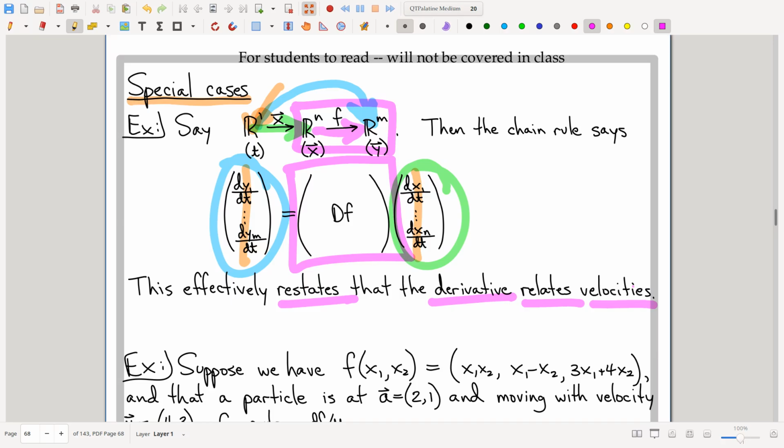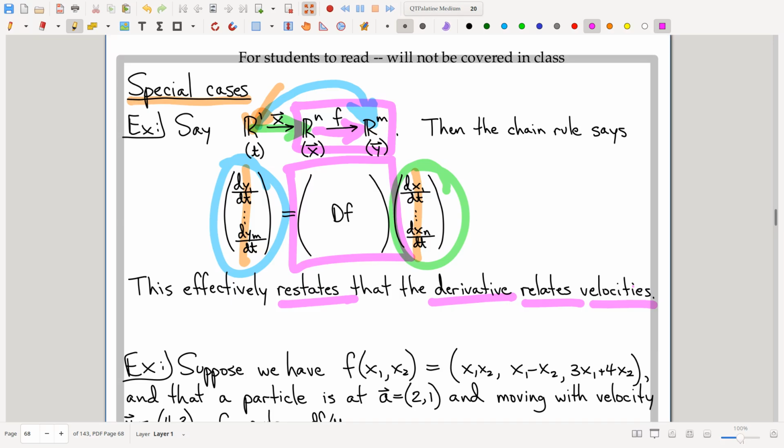Now, I emphasize this is not a new result. I'm not claiming to have proved anything here. In fact, if I claimed such, I would be making circular reasoning, because we assumed this interpretation of derivative matrices while proving the chain rule. You can't then use the chain rule to prove that point of view about matrices, right? I'm just making the observation that there is a point of view on the chain rule that is effectively a restatement of what we already knew about what derivatives do.